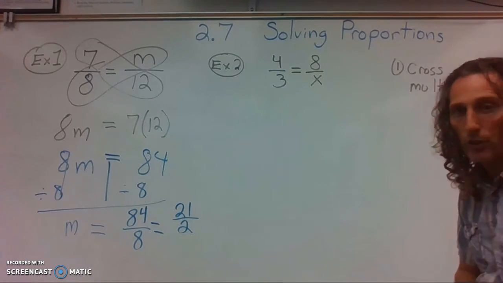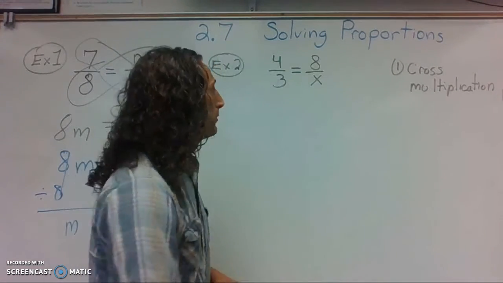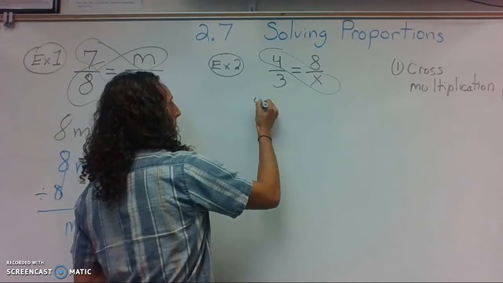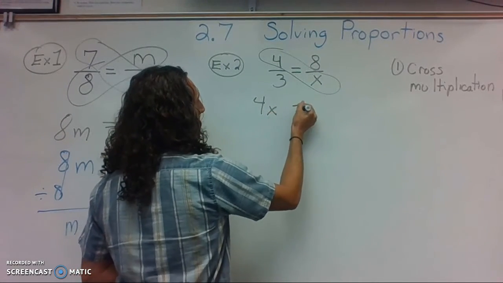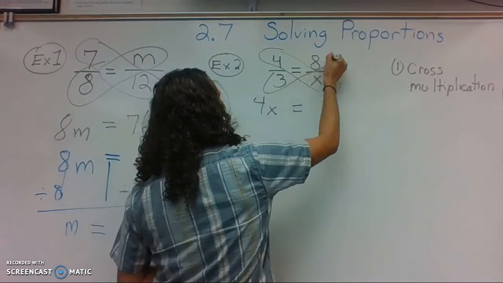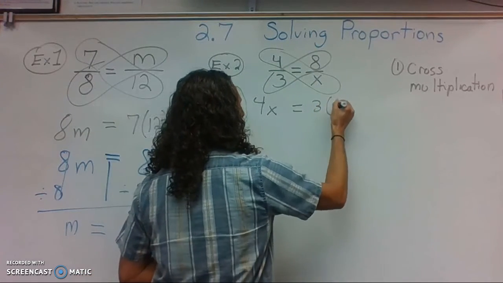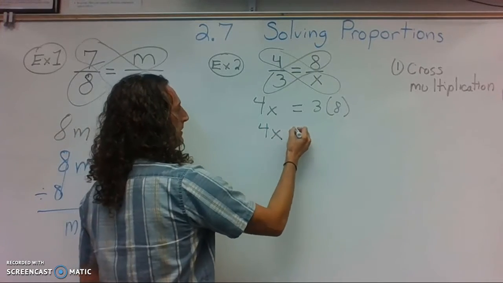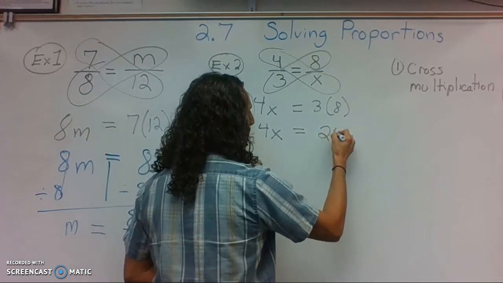All right, so we have our cross multiplication. So again, 4 times the x equals, and we go 3 times 8. All right, so let's do that math. 3 times 8 is 24.